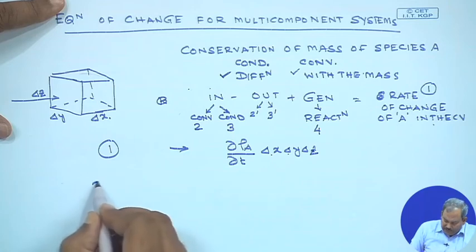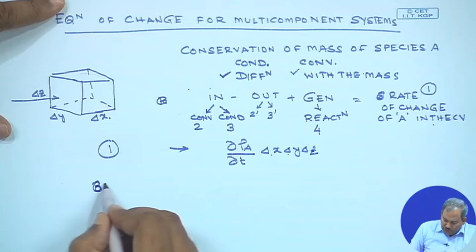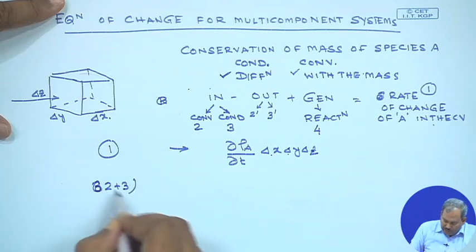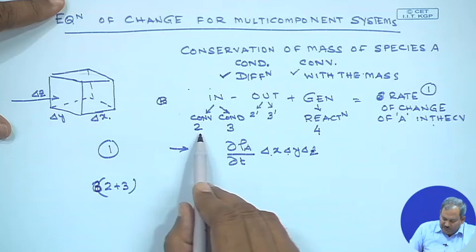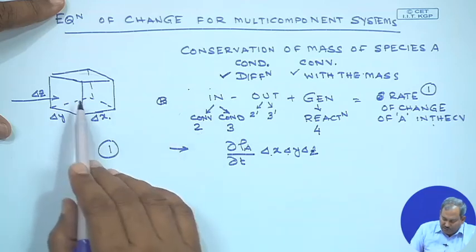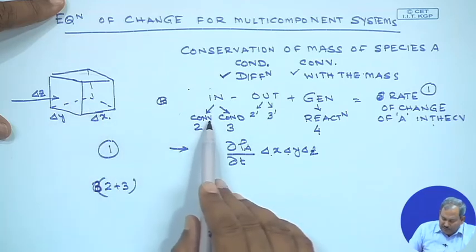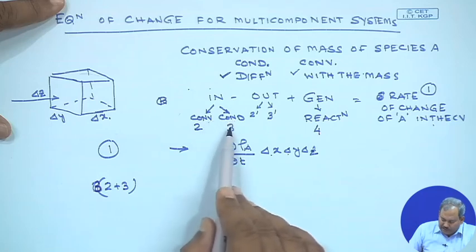And let us write 2 plus 3 together. That means the rate at which species is being added to the control volume. I am not differentiating between convection and conduction right at this moment.